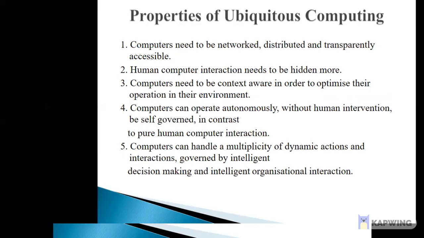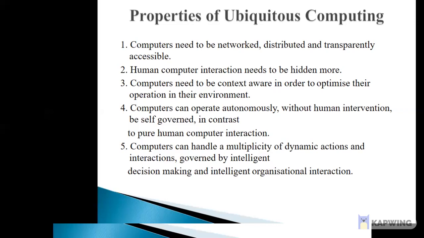So context awareness: suppose you are going for location awareness, the computer should be location aware to optimize its operation in its environment. Computers can operate autonomously without human intervention, be self-governed in contrast to pure human-computer interaction. So here the automaticity should be there, so no human intervention should be there.